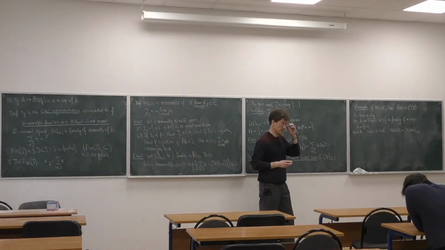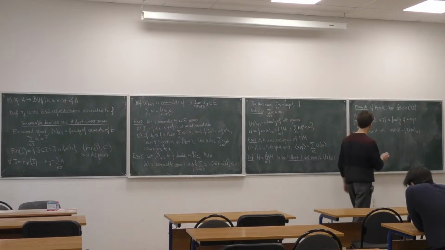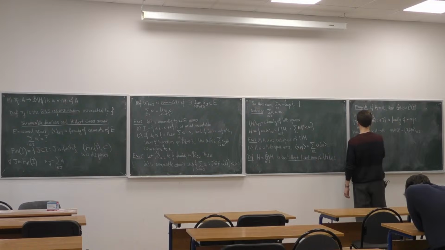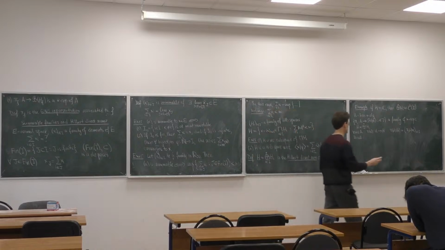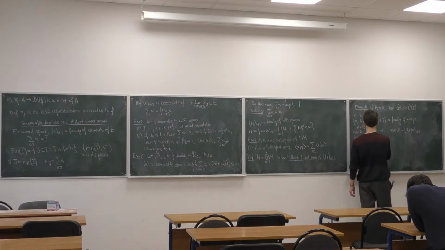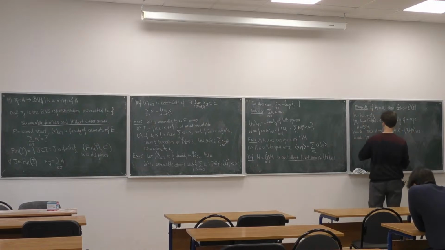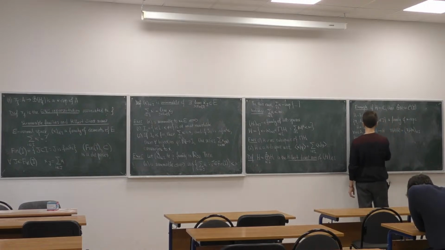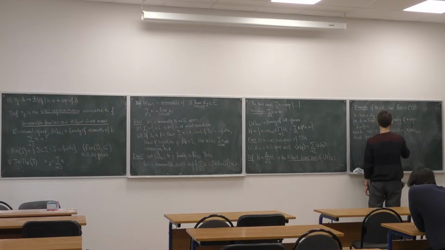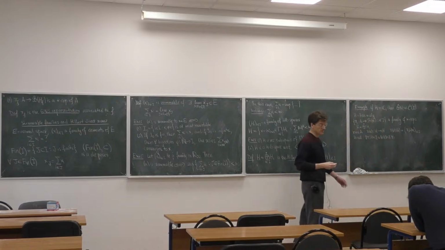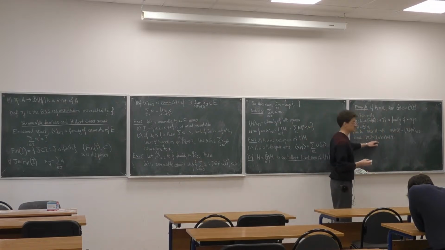Well, why is it well defined? Let's recall that every star representation of a Banach star algebra has norm at most 1. So in particular, for every i, the norm of the ith component of this family can be estimated as follows. And this implies that this family is also square summable.